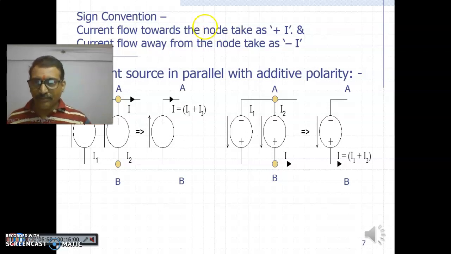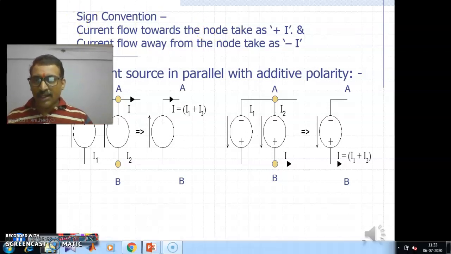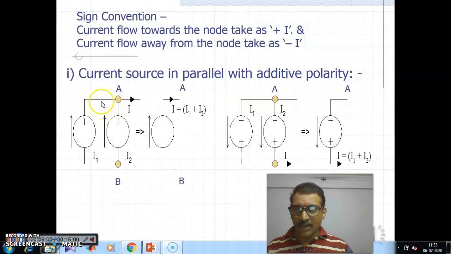In this case, consider this particular case. Here the current sources, as we know, are represented as I1 and I2, right? The directions of currents are both upward. I1's direction is upward and I2's is also upward. So if I1 and I2 are both flowing upward, and these two currents meet at point A, you get a current which is the summation of I1 and I2.